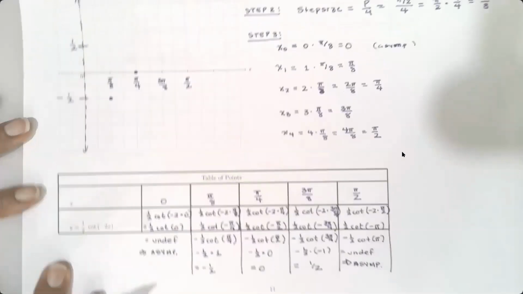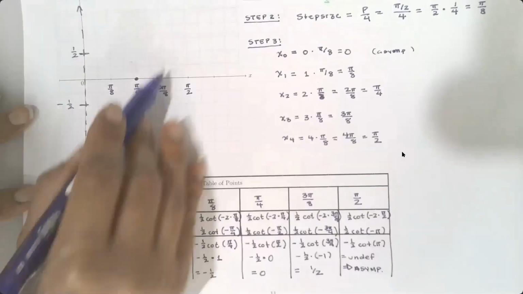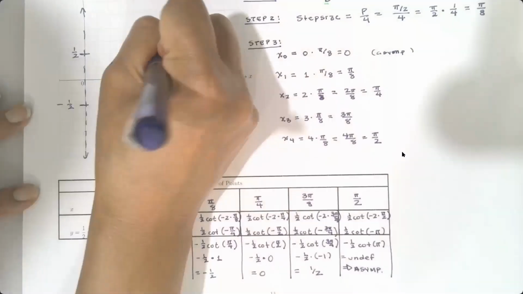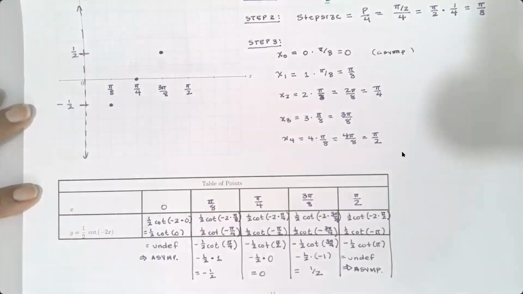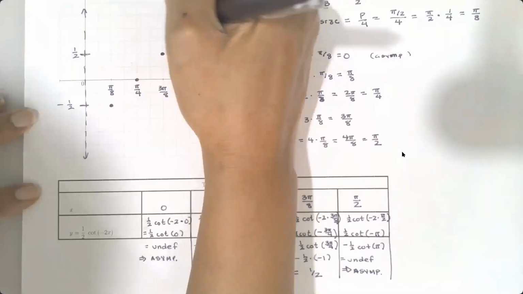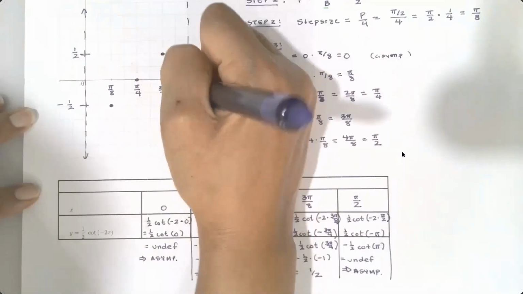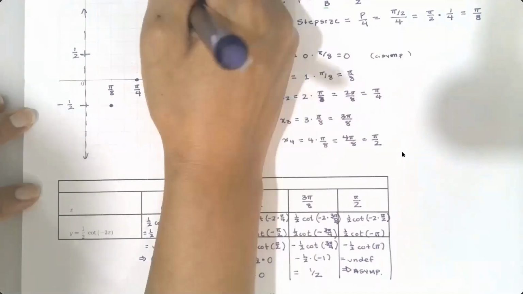So it says 3 pi over 8, positive 1/2. And then the last one is pi over 2, asymptote. So this is really just an asymptote at pi over 2.